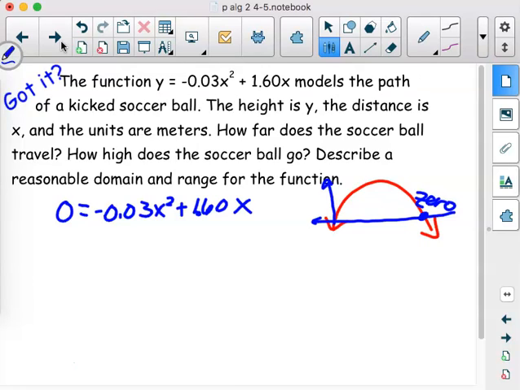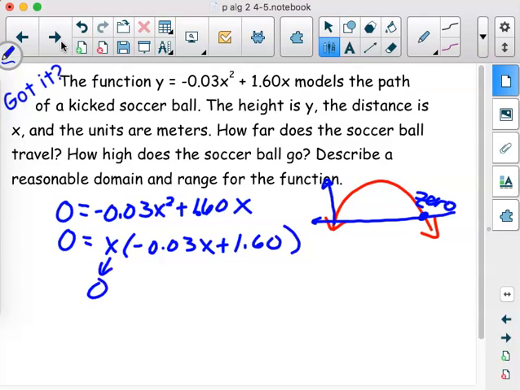And just like the last problem, I realized, well, I could just factor an x out of that, and I don't need to use the graphing calculator. So now, this makes sense, because if you haven't kicked the soccer ball, it's not going to go anywhere. And this one is where I'm going to find the other zero.